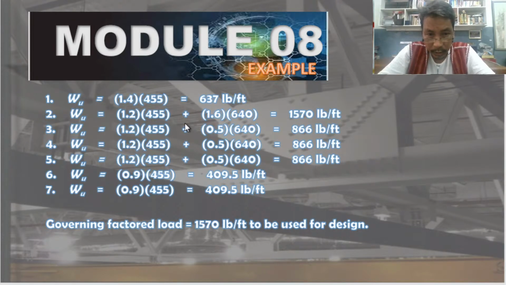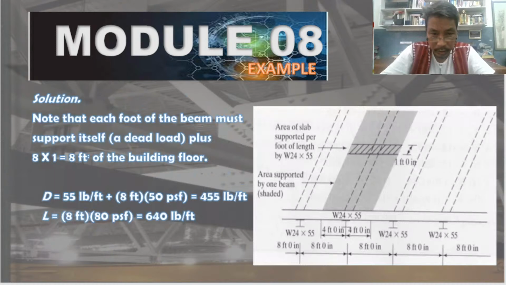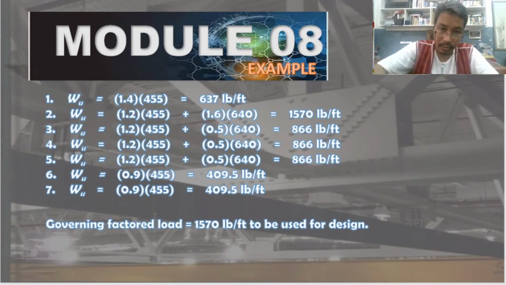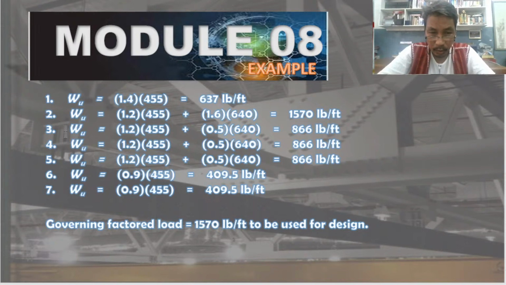So, that's why equation 3, 4, and 5 are the same, 0.5 times 640. Okay? So, take a look. 640 is our live load. So, that's why 0.5 times live load. So, they are all the same for equation 3, 4, and 5.